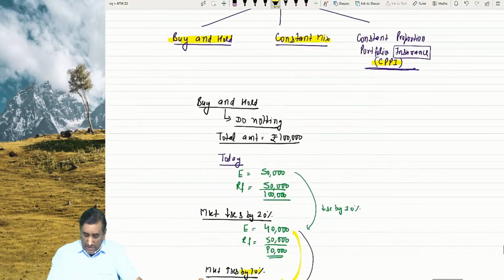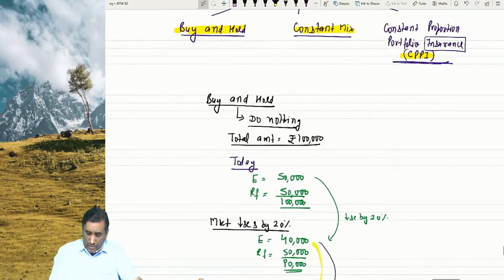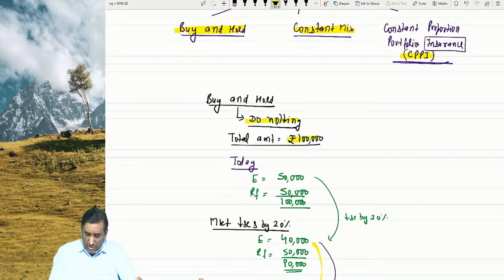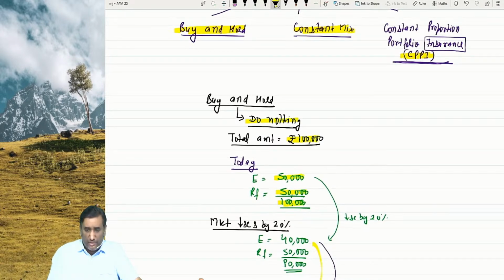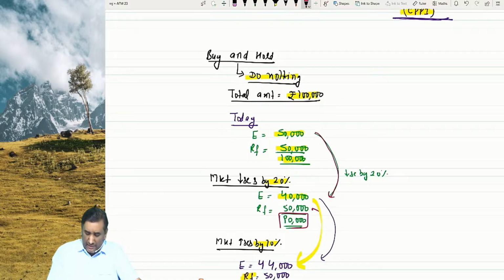Now buy and hold, I'll take rough numbers to understand what it means. Do nothing. Let's suppose the total amount is 1 lakh: in equity invest 50,000, in RF you invest 50,000. The next day the market decreases by 20%, equity is 40,000, RF is still the same, nothing to be done, leave your portfolio as it is.